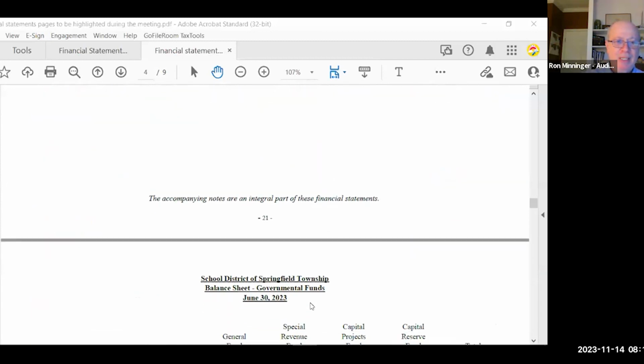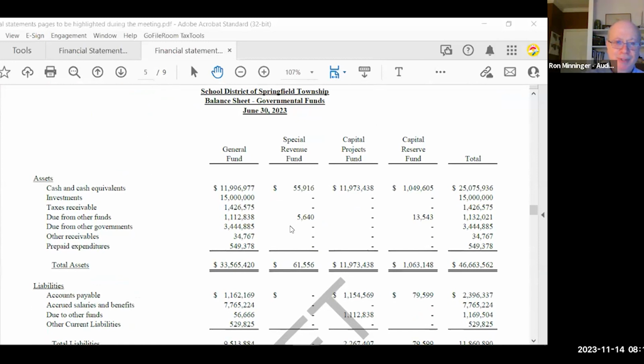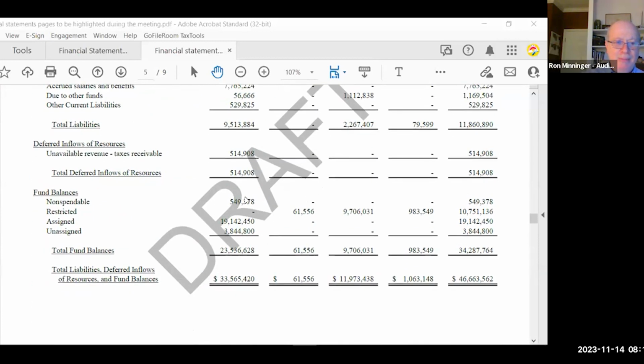Now, the next statement I'll highlight is the balance sheet for those same governmental funds. Now, again, at the bottom, this fund balance, there's the $23.5 million that we saw in the budgetary comparison schedule and on the last statement.